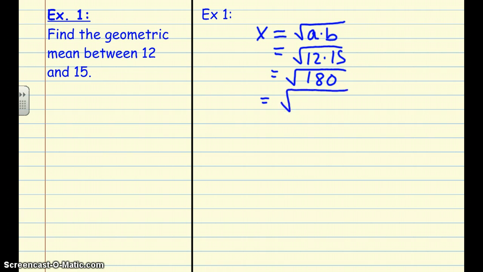Which gives me the square root of 36 times 5. So we can say that this is 6 square root of 5, or we can say that this is approximately 13.4. Again, the geometric mean just says take the square root of the product of two numbers.